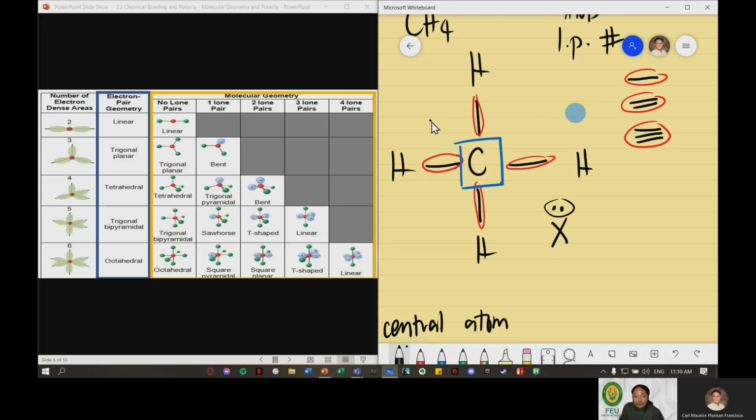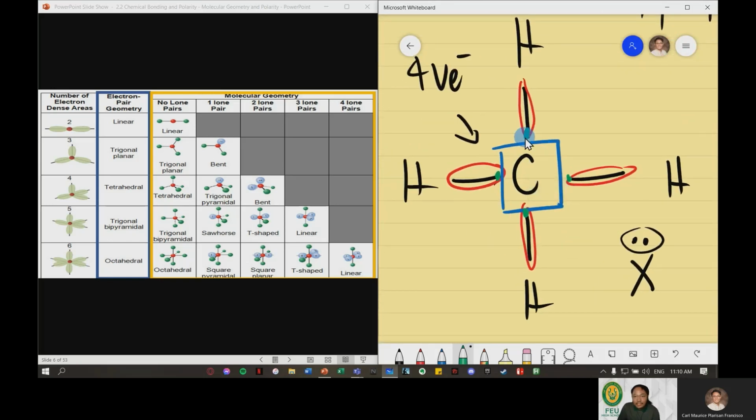Meaning to say, the 4 valence electrons of carbon all have a bonding. Kung titignan po natin, 4 ang valence electron ni carbon, lahat po na 4 na valence electron ng carbon ay mayroong kabanding o kapares. Kaya mayroon tayong tinatawag na 4 bonding pair.